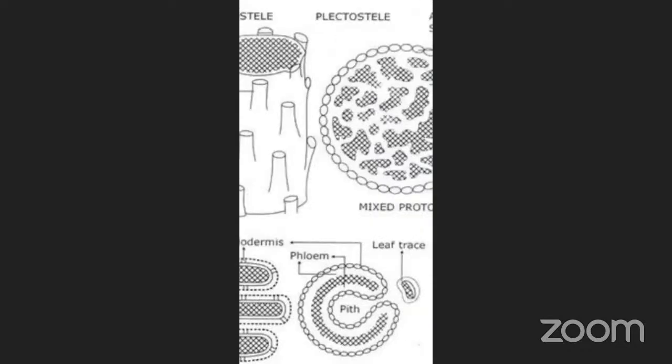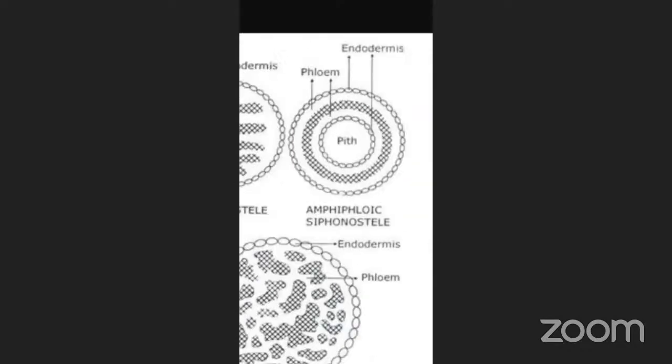But the amphiphloic siphonostele, yesterday we discussed, is observed in Marsilea. Amphiphloic means both sides. So the xylem is covered on both the inner side and outer side by phloem, pericycle and endodermis. That one we call the amphiphloic siphonostele.